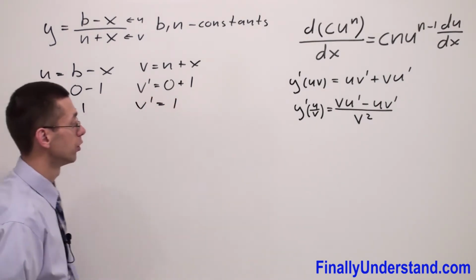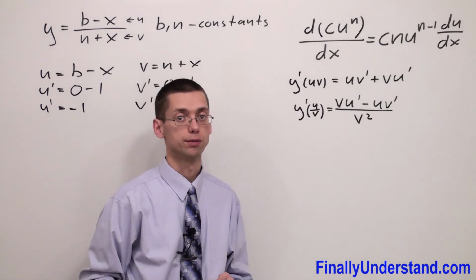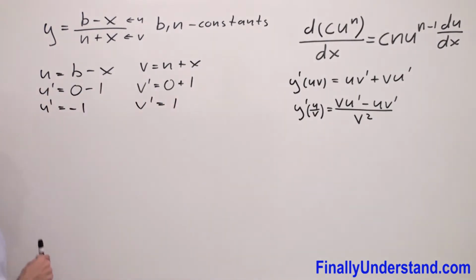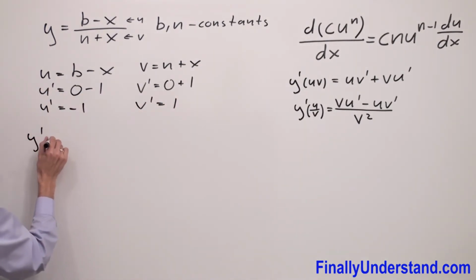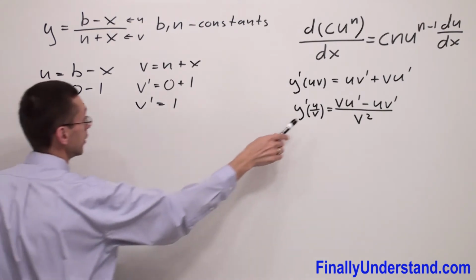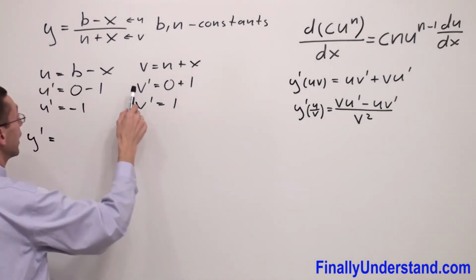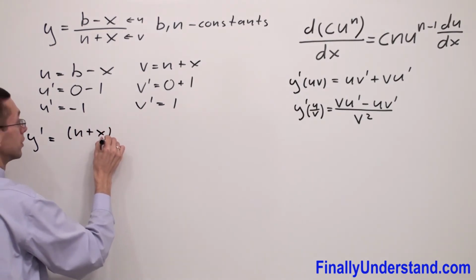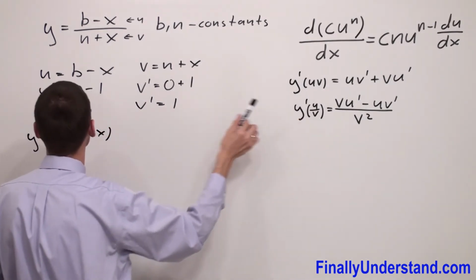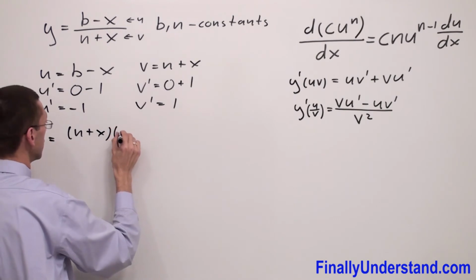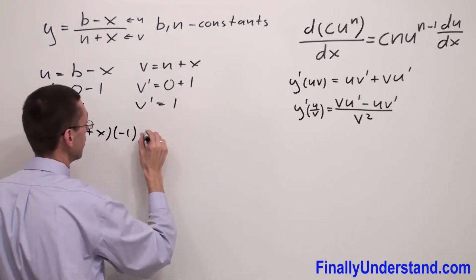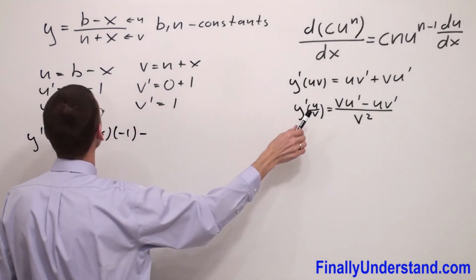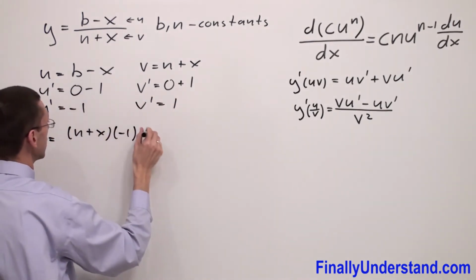Next I'm supposed to use the formula for the quotient. So I have y prime is equal to v. My v is n plus x times u prime, which is equal to negative 1, minus u, b minus x.